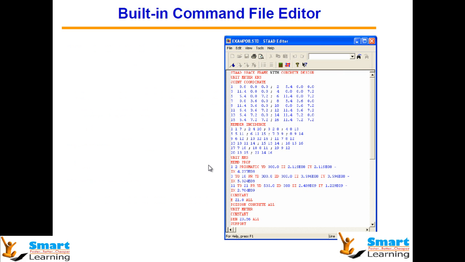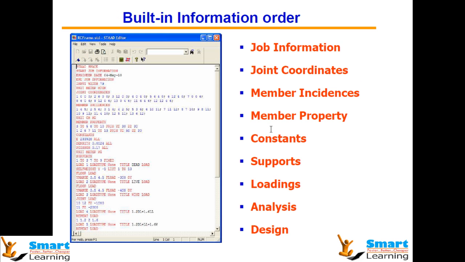And you have a very interesting command editor inbuilt with Staad. Whatever you generate will be decoded as a sequence of code, and you can edit it independently and directly change whatever changes you need to make. The information is managed in this code editor, like the job information, joint coordinates, the member incidence, which is, if you have columns, the column numbers and their increments, member properties, the cross section details, and constants, maybe Young's modulus, Poisson's ratio, or the thermal expansion property of concrete and steel, and support consideration.